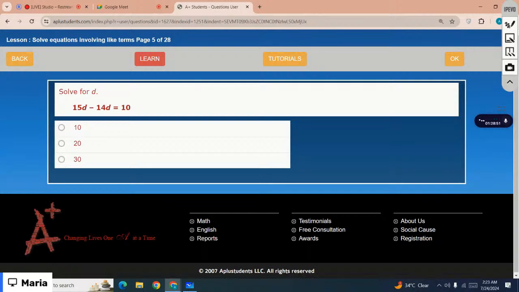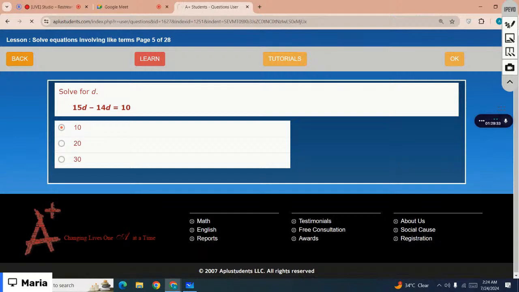Which is the correct option? Very good. The correct option is d equals 10.